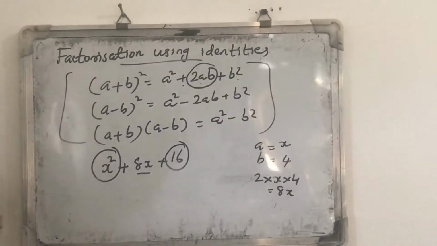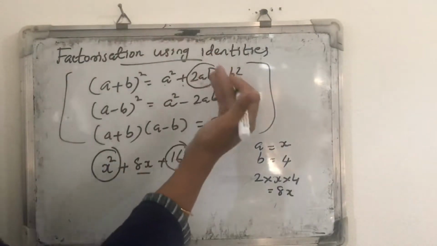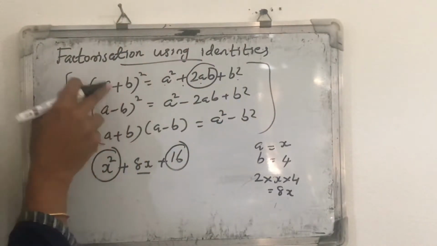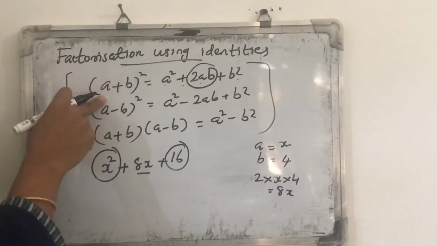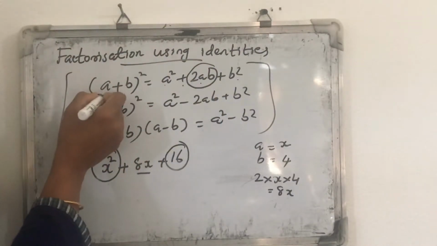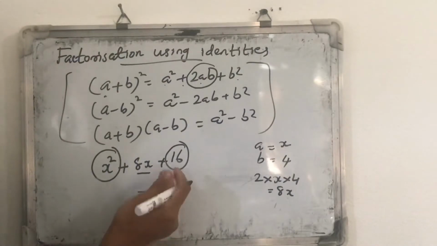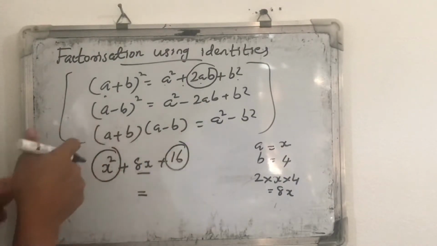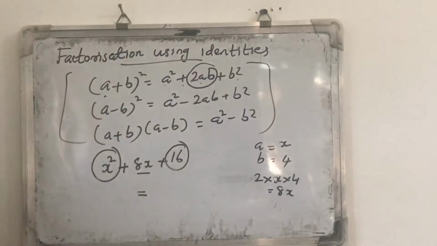Now we find it is in the form of the right hand side of the standard identity of (a plus b) whole square. So we can write its left hand side. What is the left hand side of a square plus 2ab plus b square? (a plus b) whole square. That is the required factorization.